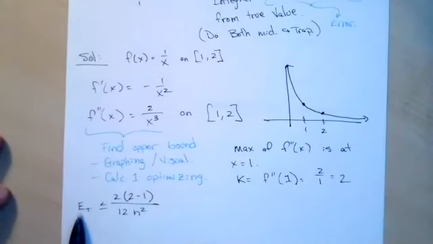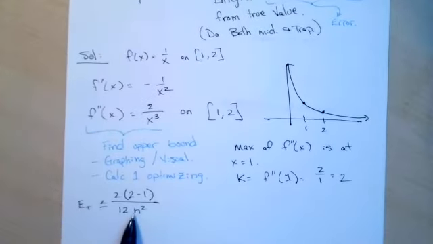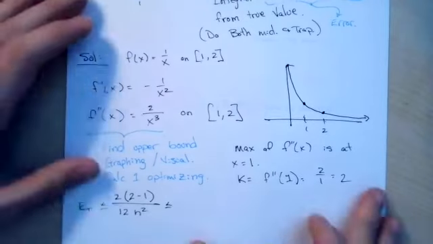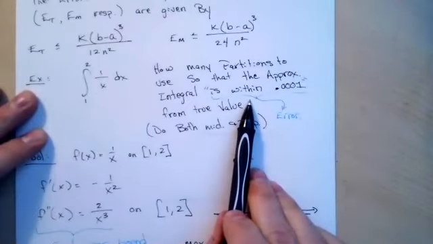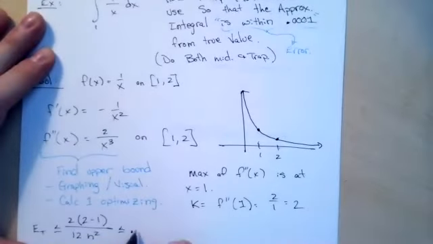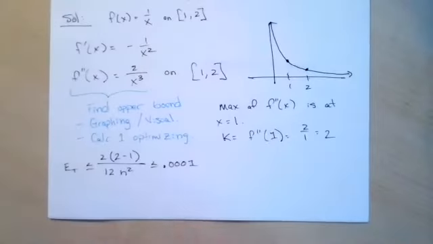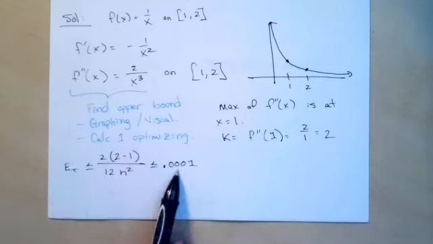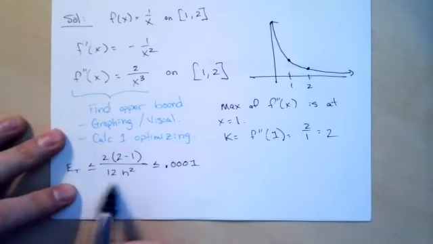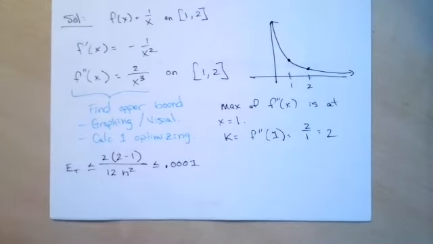If I know that the error is less than this, I take this value and set it less than the error bound that we were given. Then we have a string of inequalities, and I know that the error will automatically be less than this if we solve this right side inequality for n.